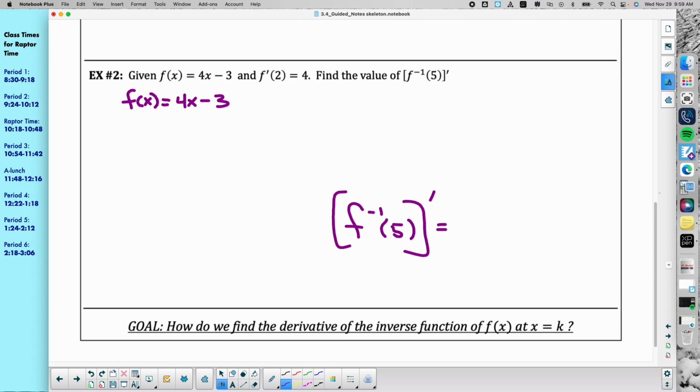Well, if we're trying to find the slope at 5 on the inverse, then that means we want to figure out what is the point on the inverse. We want to know where it's at to be able to figure out the slope. Okay? And we need to fill that in.